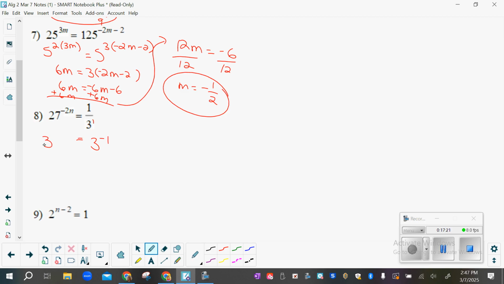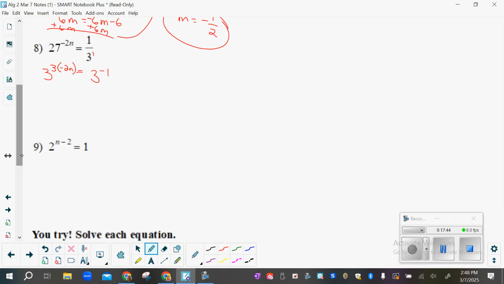So same group, what do I do with the 3 and the -2n? Multiply, that's right, because I have an exponent to an exponent. Okay, so now I need to do what?